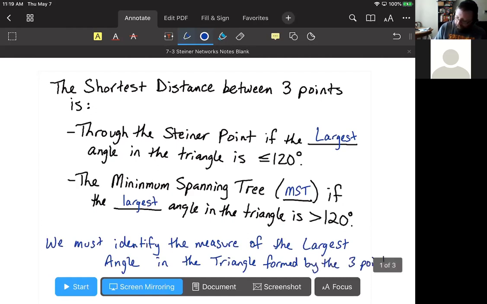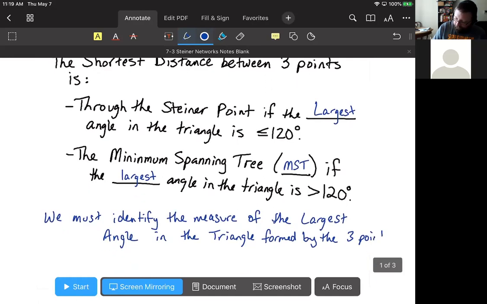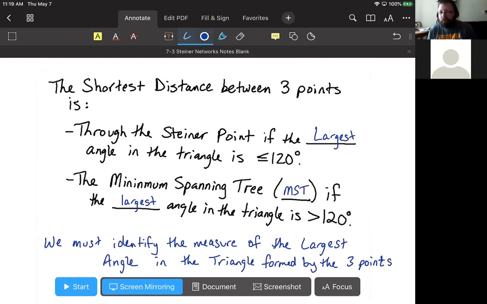Okay, that's the key. We have to find the measure of the largest angle formed by those 3 points. And we do already know how to do that. Sometimes it's going to be really easy, and sometimes it's going to require law of cosines and be not so easy. But what it boils down to is this rule right here.